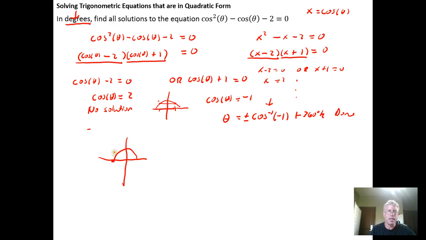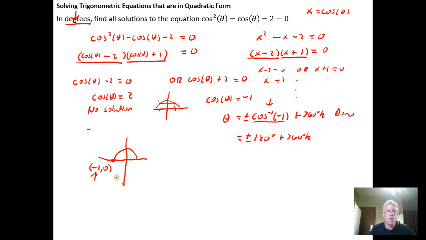And at 180 degrees, we have the ordered pair -1, 0. And the cosine of theta is the x-coordinate on the unit circle. So 180 degrees is the angle that generates a side ratio of -1. So we replace cosine inverse of -1 with its simplified form, 180 degrees plus 360 degrees times k.